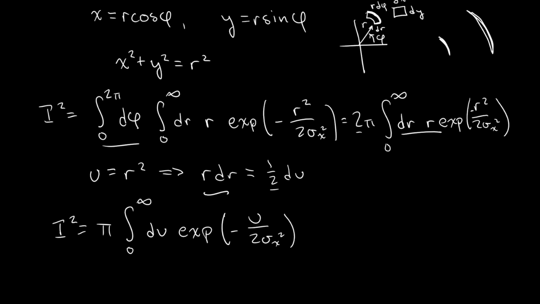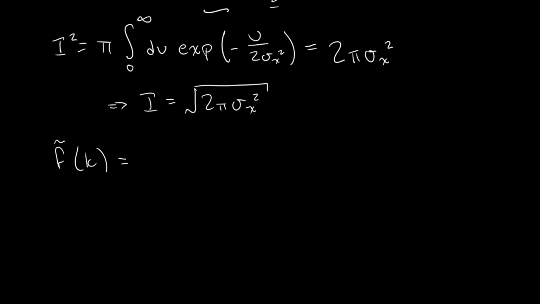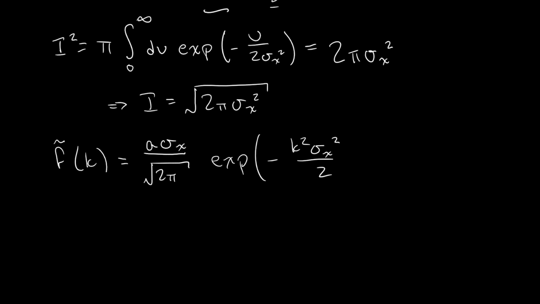This is about the easiest integral that we can do. And when we do it, we get 2 pi sigma x squared. So our actual integral that we cared about is the square root of this. And our Fourier transformed Gaussian expression is going to just be a times sigma x over square root of 2 pi, exp minus k squared sigma x squared over 2.